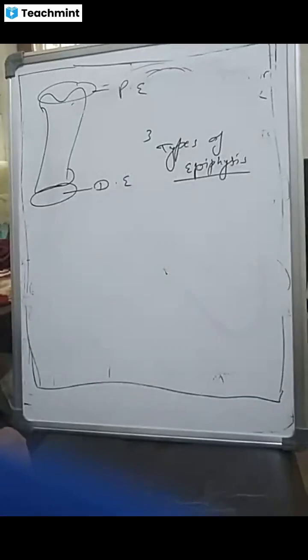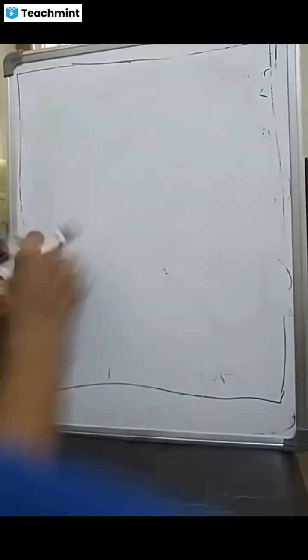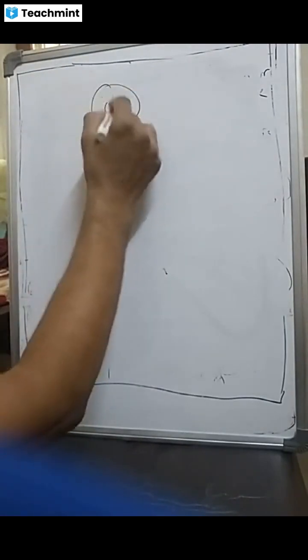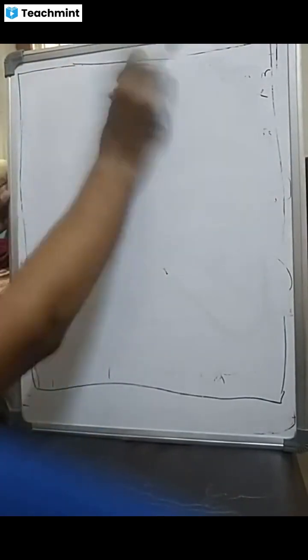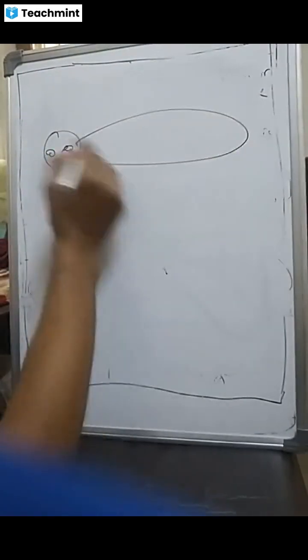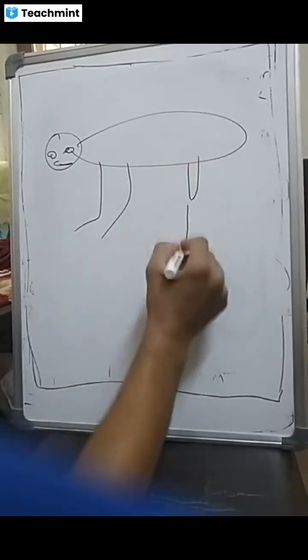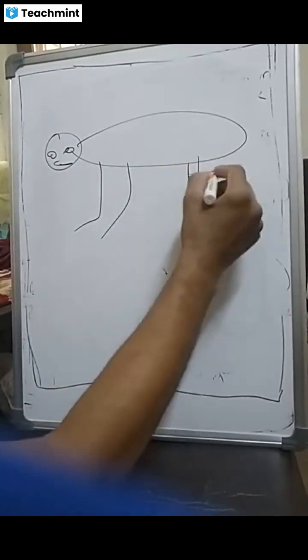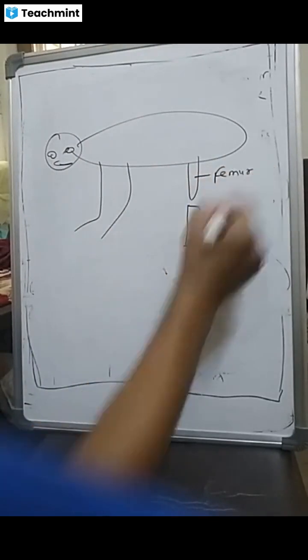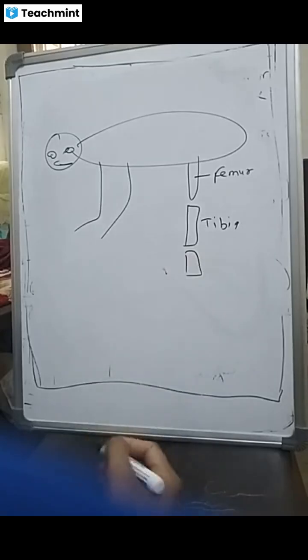For example, suppose this is one animal and these are the bones. This is the femur, this is the tibia and the other bone.